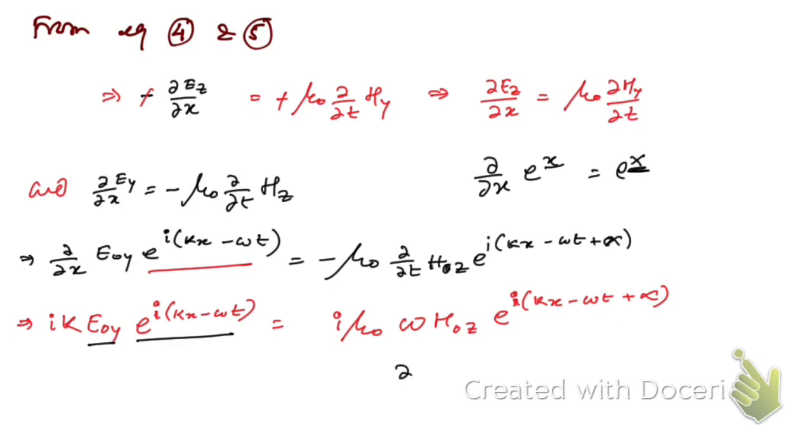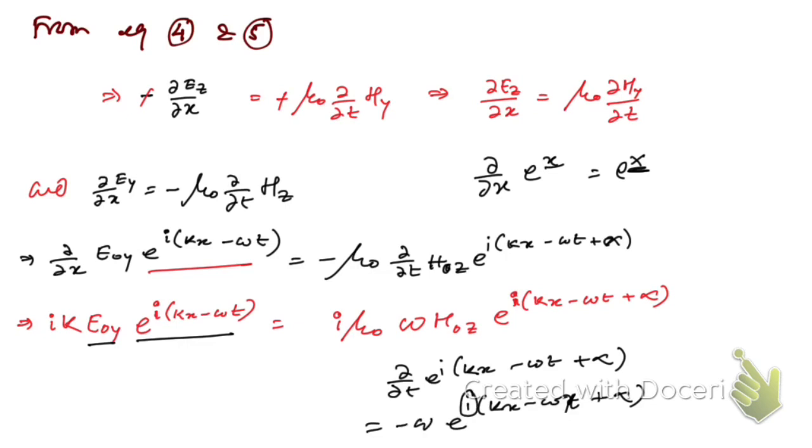If you differentiate this with respect to t, e^{i(kx − ωt + α)}, what you're going to get is again e^{i(kx − ωt + α)}. Then again you have to differentiate the exponent, which is a function of t only, ωt. So minus omega comes out, and there is i, so minus iω. Because of this minus, and there is already a minus, we have got plus here, and this i is there.